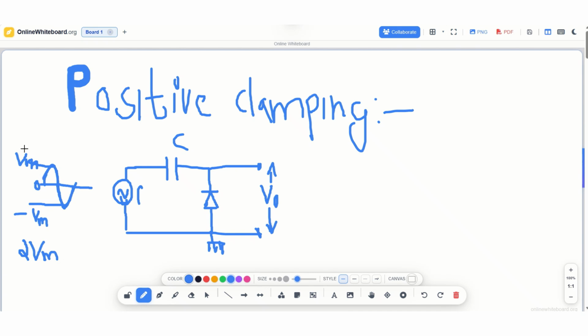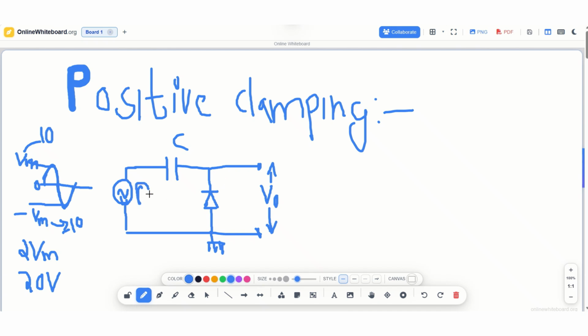Suppose the positive peak is 10 volt and the negative peak is minus 10 volt, so the peak to peak voltage is 20 volt. We are applying this 20 volt signal to the positive clamping circuit. What will happen? Let us check.